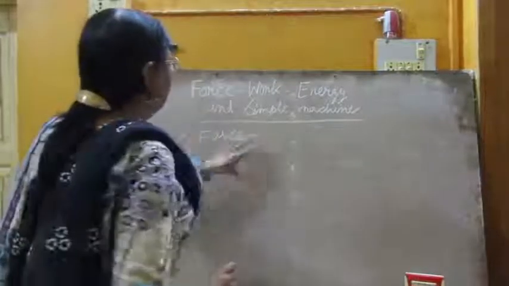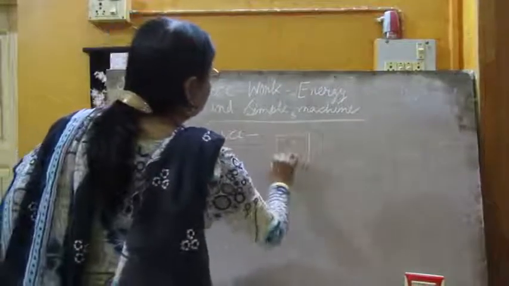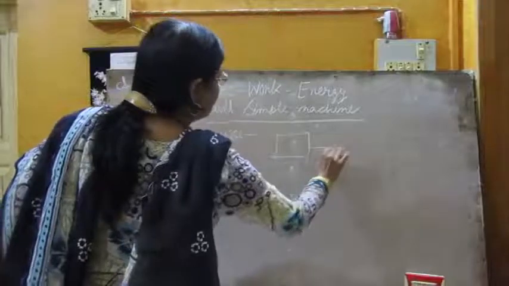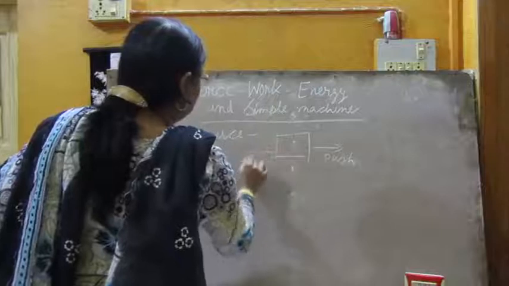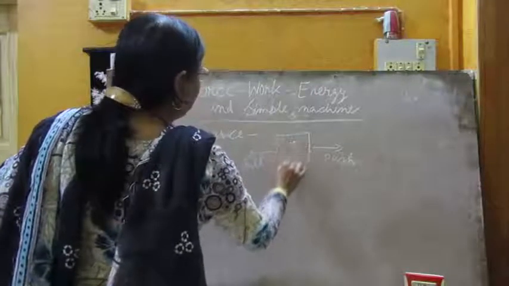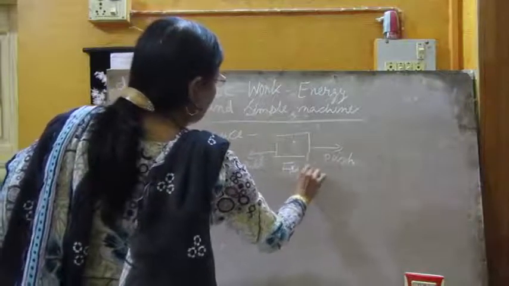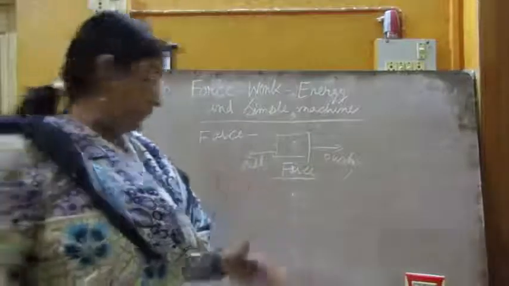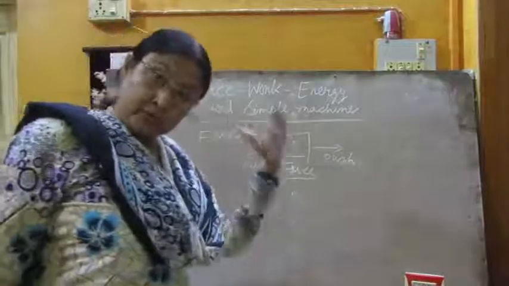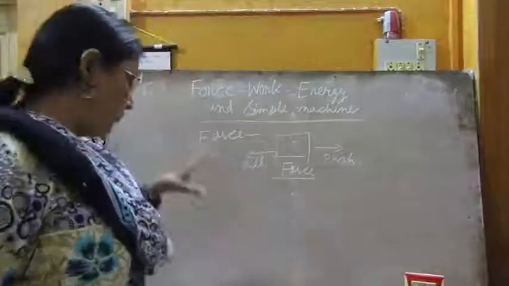If an object is there and I push this side or pull this side, I require something that is called force. So force is nothing but the push or pull which we apply on an object.